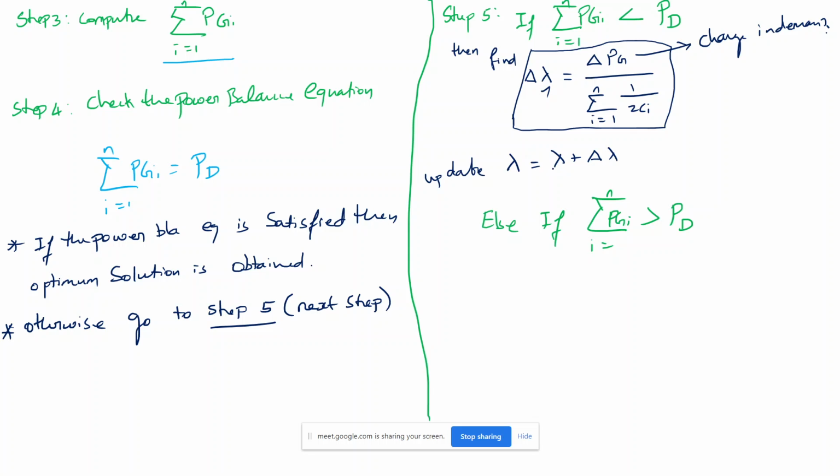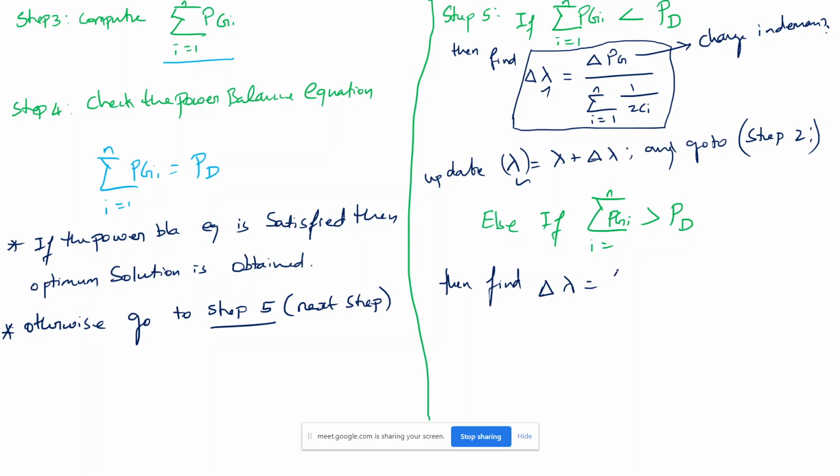If you add these two and update the lambda, then go to step 2. We need to continue with step 2. After updating the new lambda by adding old lambda plus delta lambda, go back to step 2 and follow. Okay.